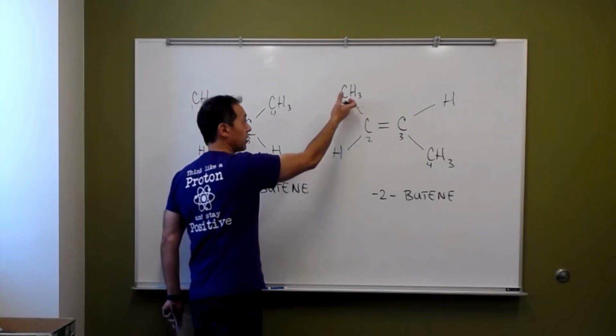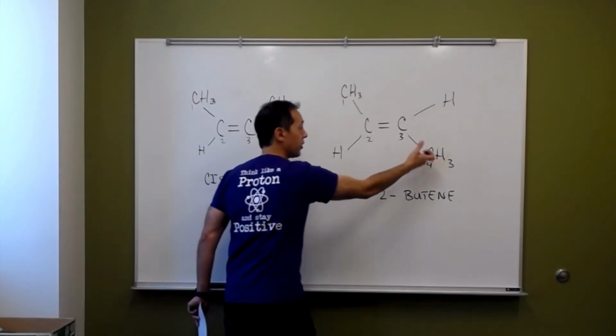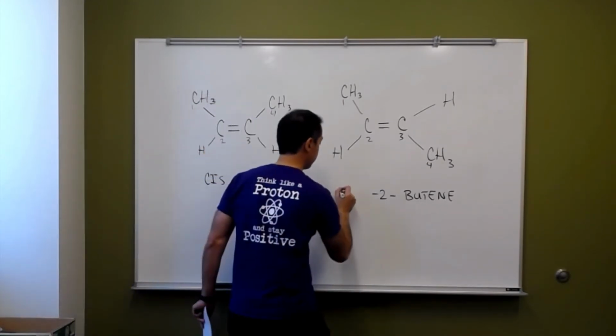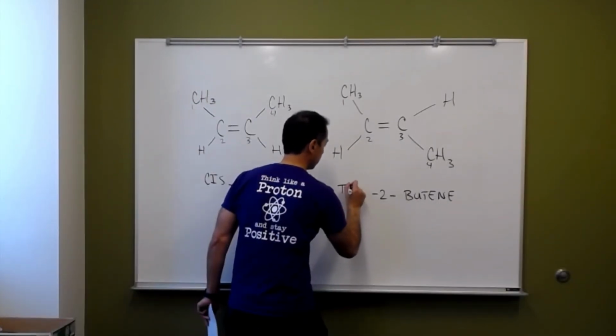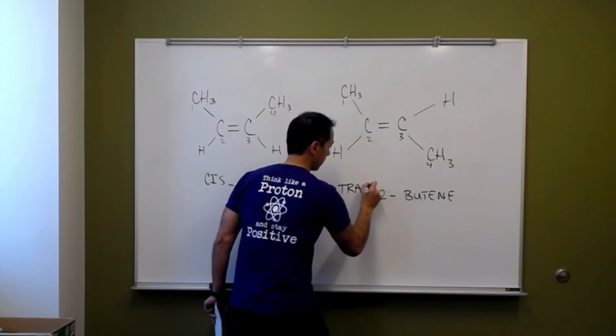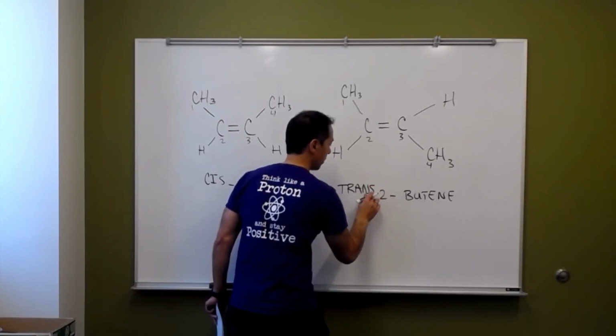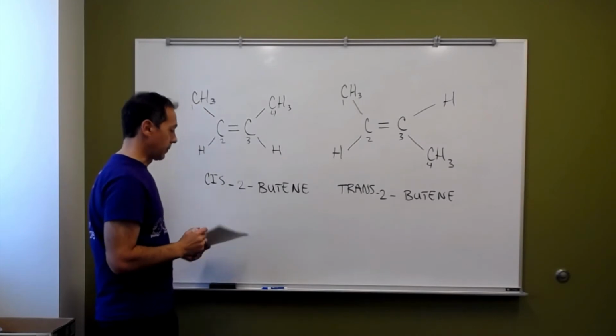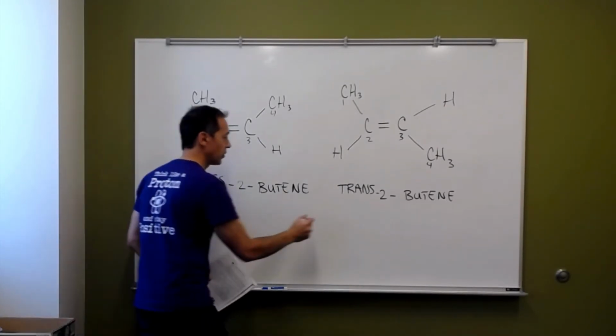To show that this methyl group is above the double bond and this one's below the double bond, we're going to call this one trans. Trans-2-butene.